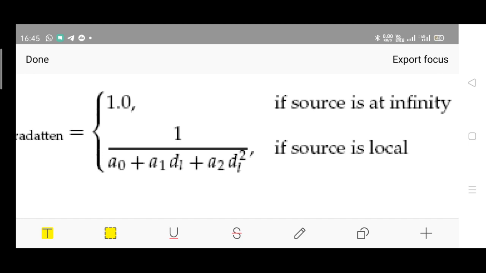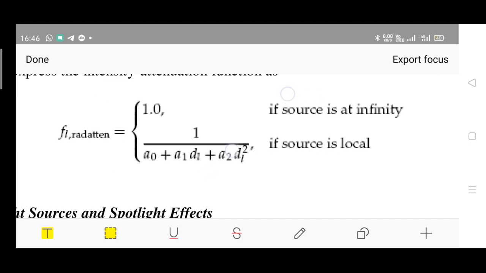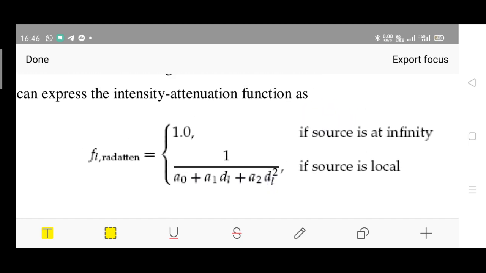Whenever the distance between light source and object is finite. In case of infinite, just consider this value as 1. That's it. Forget about the denominator value. Otherwise, it will be 1 divided by some value. That some value is a0 plus a1 d1 plus a2 d1 squared. So that is all about the intensity attenuation function.